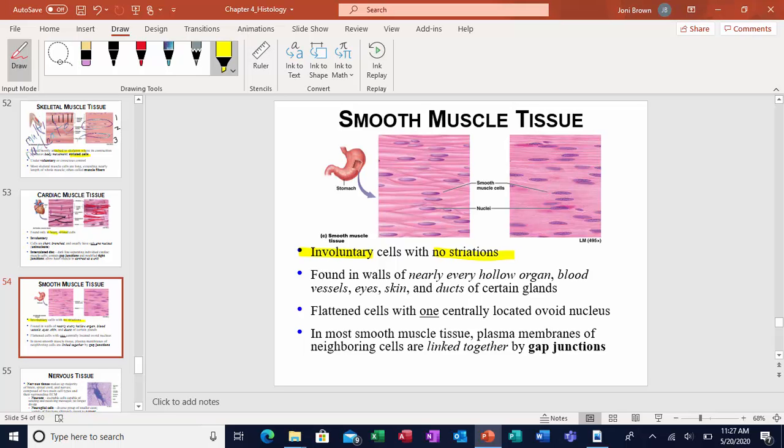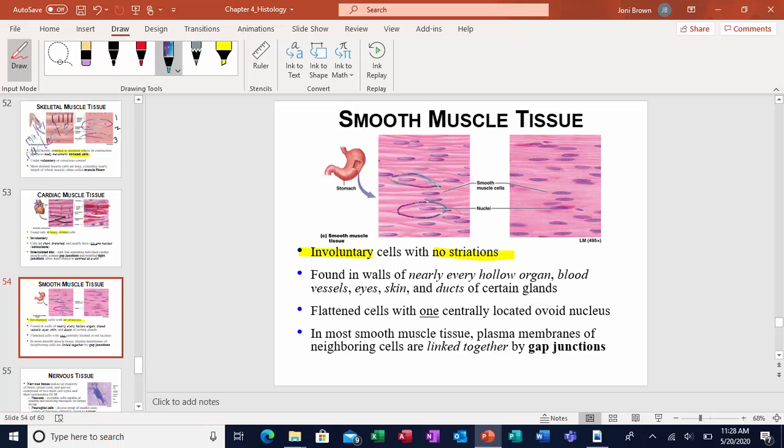They're kind of spindle shaped, shaped kind of like a cigar or a spindle. And they have one nucleus per cell. So they're involuntary. They're lining hollow organs and blood vessels. They have no striations.